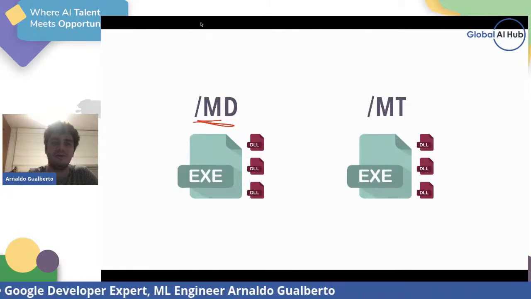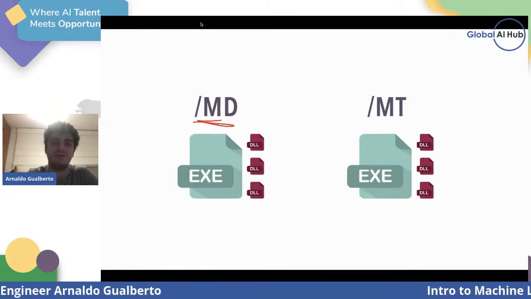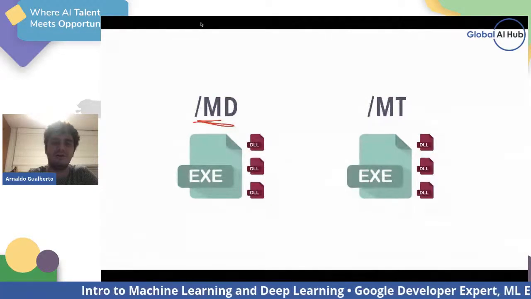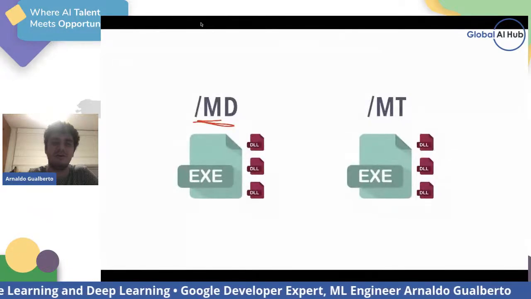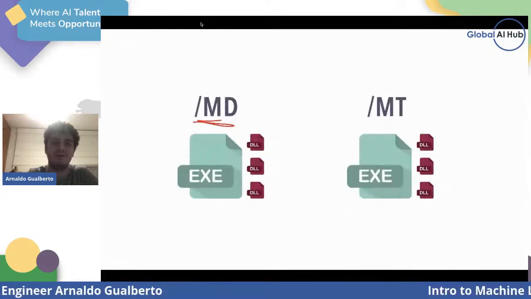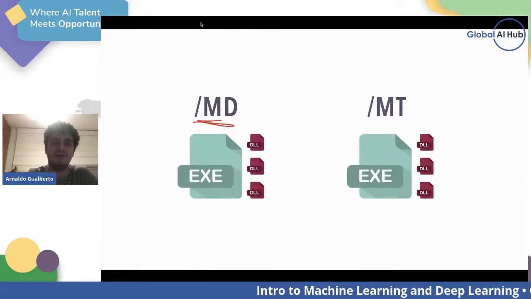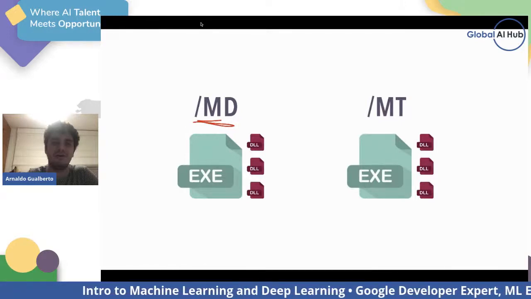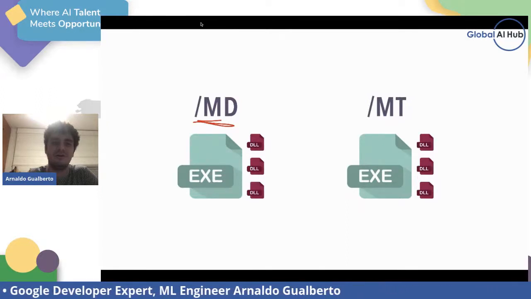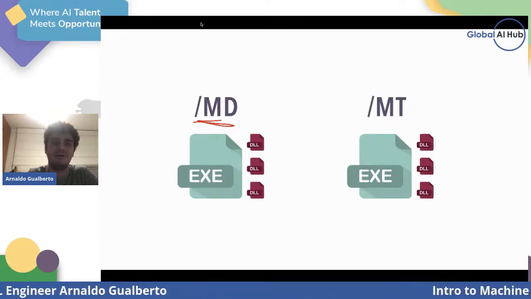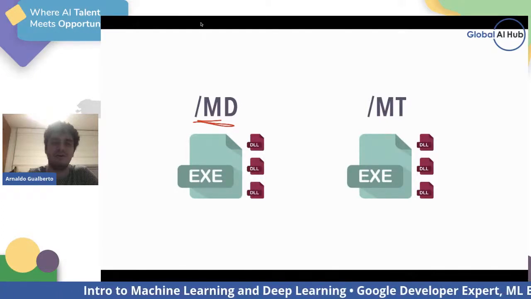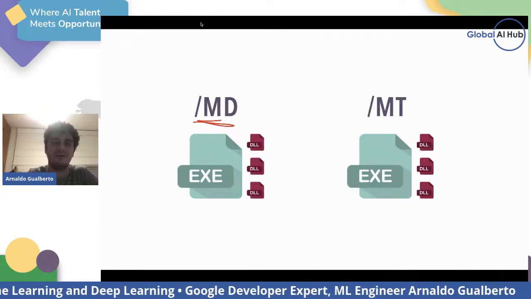If I generate this executable file using the option -md, which is the default option, then to make it work on my friend's computer, I need to send him the executable file plus all the DLLs that my project depends on. So I need to send him the executable file plus, for example, the TensorFlow DLL and the OpenCV DLL, and my system will also depend on some Windows DLLs. If Windows updates automatically on my friend's computer and updates some of these DLLs, my system will stop working.